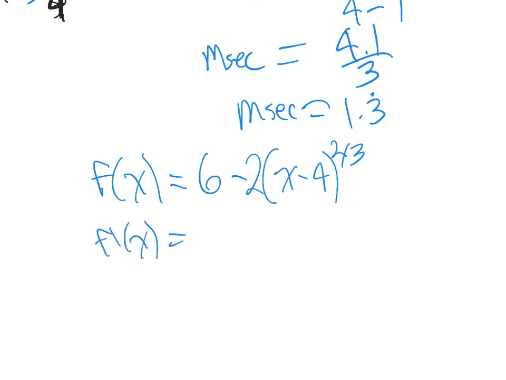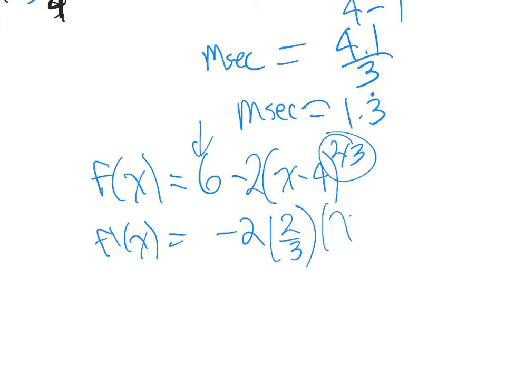the tangent slope. The derivative of 6 is 0. Then it's going to be minus 2. And then I have to multiply by that exponent, which is 2 over 3. And then it's (x minus 4) to the 2/3 minus 1, which is negative 1/3.